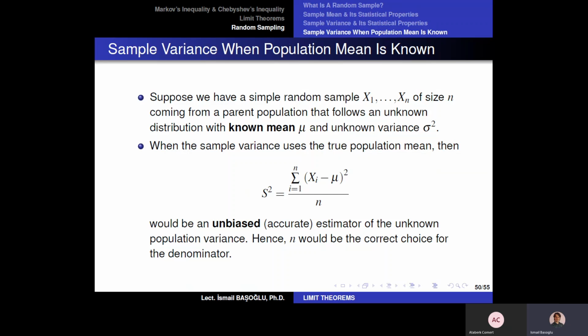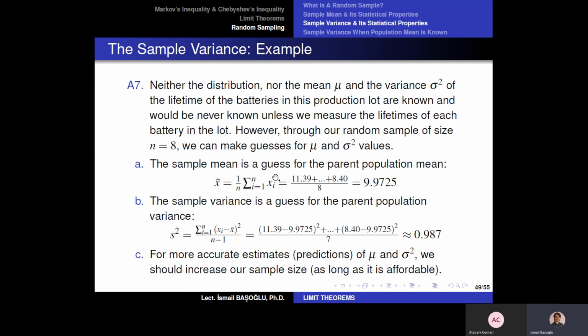Now, here's the thing. We have said that if we want to make a guess about the true mean of the parent population, then the sample average is the best guess that we have. If we want to make a guess about the true variance of the parent population, then the sample variance is the best guess that we have. However, when you calculate the sample variance, you calculate the squared deviations by subtracting the sample mean from every observation.